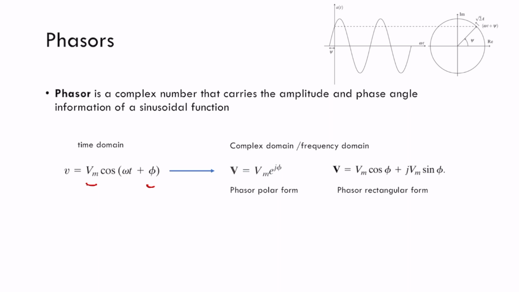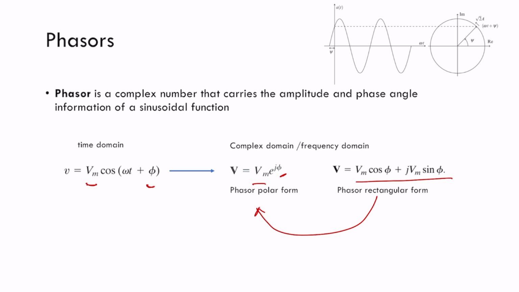So in the complex domain, we can represent some module and some angle. This is the case where we have the phasor in polar form, but we can also represent a rectangular form. You are probably very familiar with complex numbers, and you should be. So you have the possibility to go from these sines and cosines to this polar representation using the Euler identity.